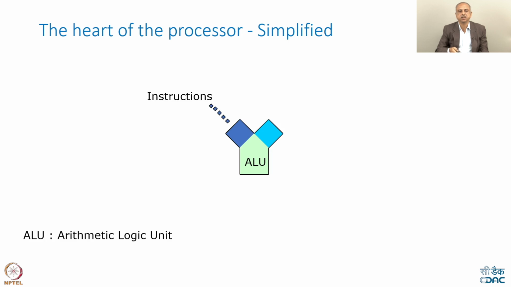This ALU takes a series of instructions, and corresponding to every instruction there is a data, or as we saw, operand in the previous slide. So, every instruction has a corresponding data, and when it operates on that data it generates results. This is the way any computer works.